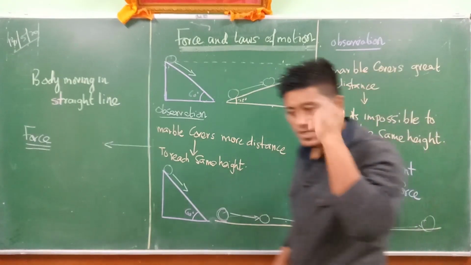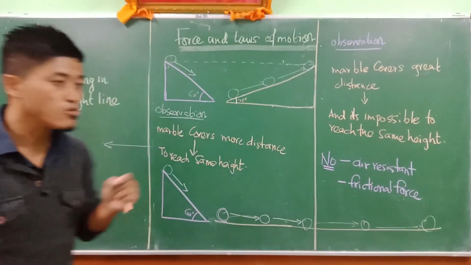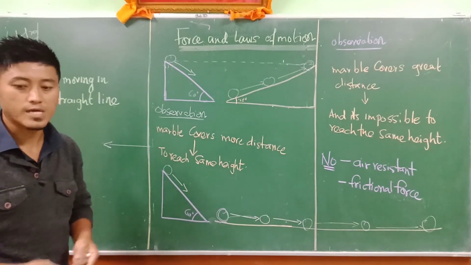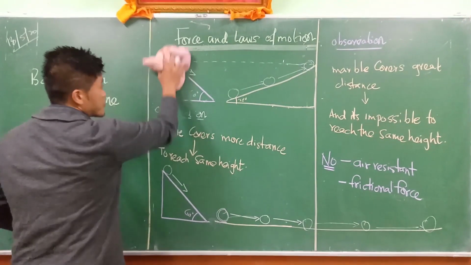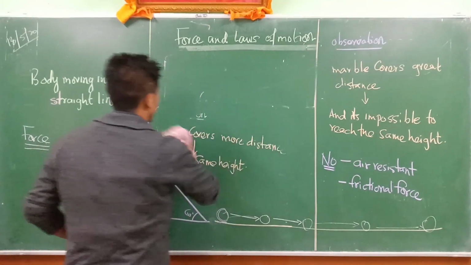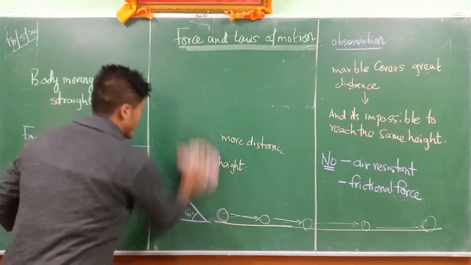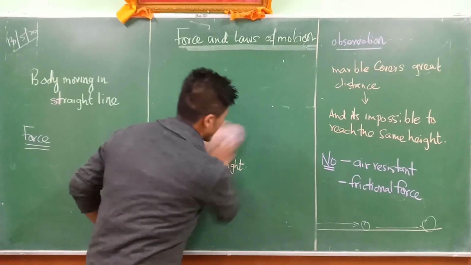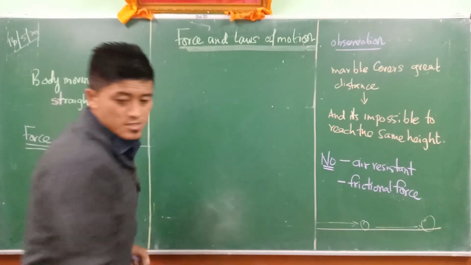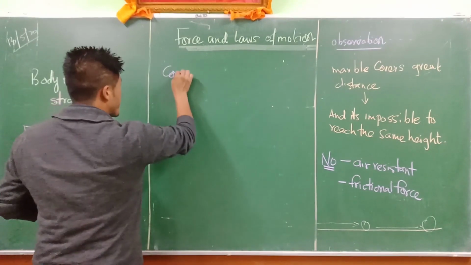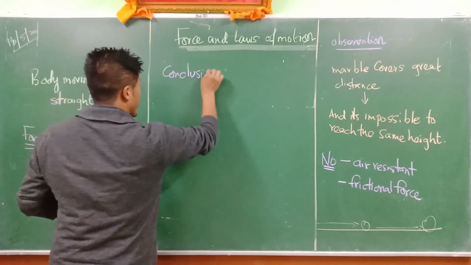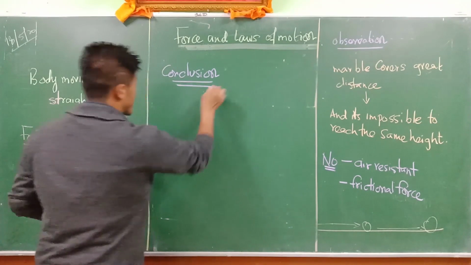So with this, he came to one conclusion. That conclusion is very important for us to know. What was the conclusion we are going to discuss here? I'm going to write on top here. Galileo's conclusion.